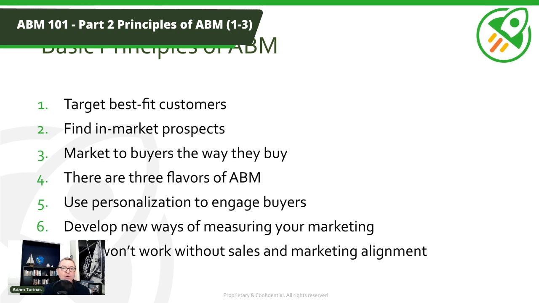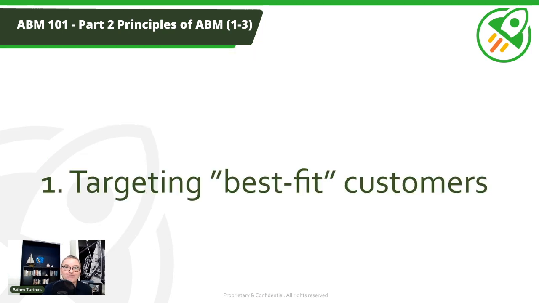Number 4 is there are 3 flavors of ABM. Number 5 is using personalization to engage buyers. 6 is you're going to need to develop a new set of measures that are much more ABM centric. And then the last principle is that ABM just doesn't work without sales and marketing alignment.